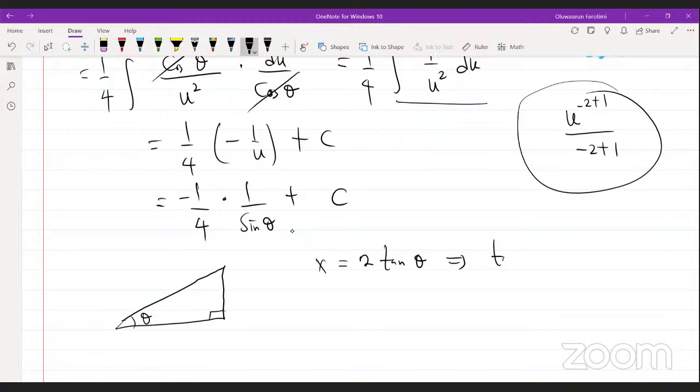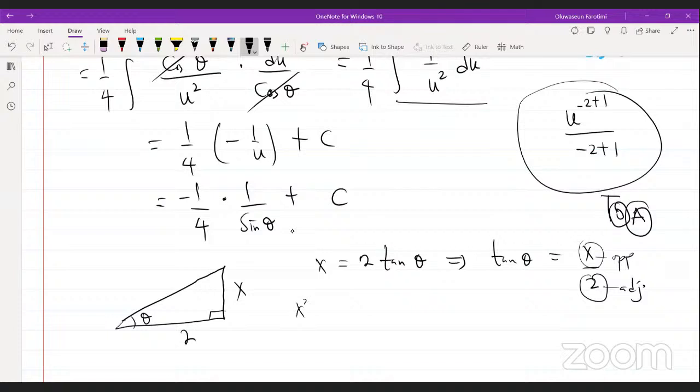This means that my tangent of theta is just x over 2. But what is tangent? Okay, TOA, that's the opposite and the adjacent. So this is my opposite and this is my adjacent. Opposite, adjacent.